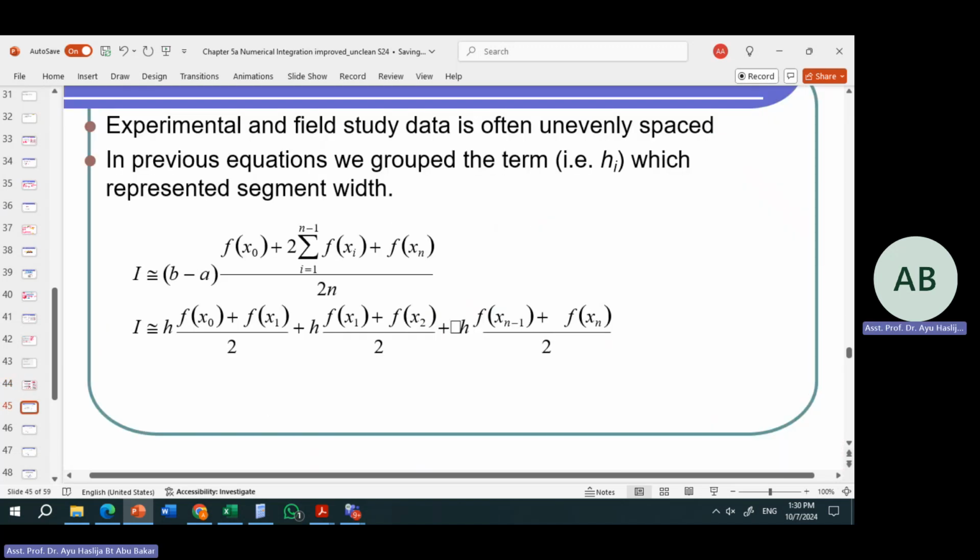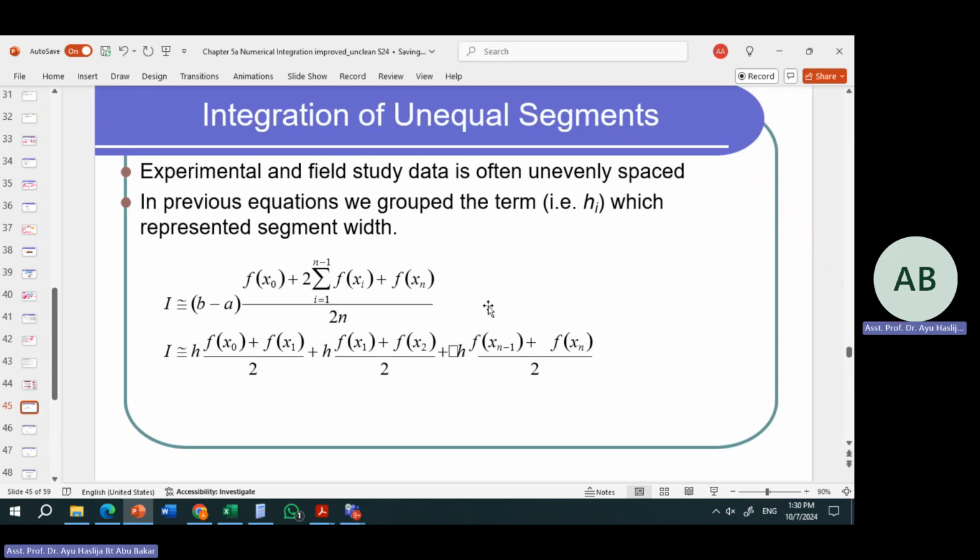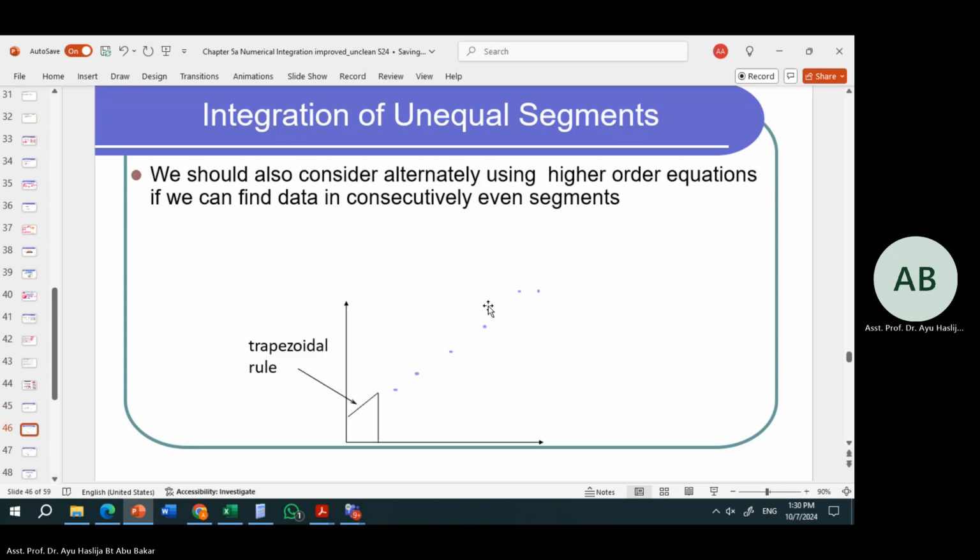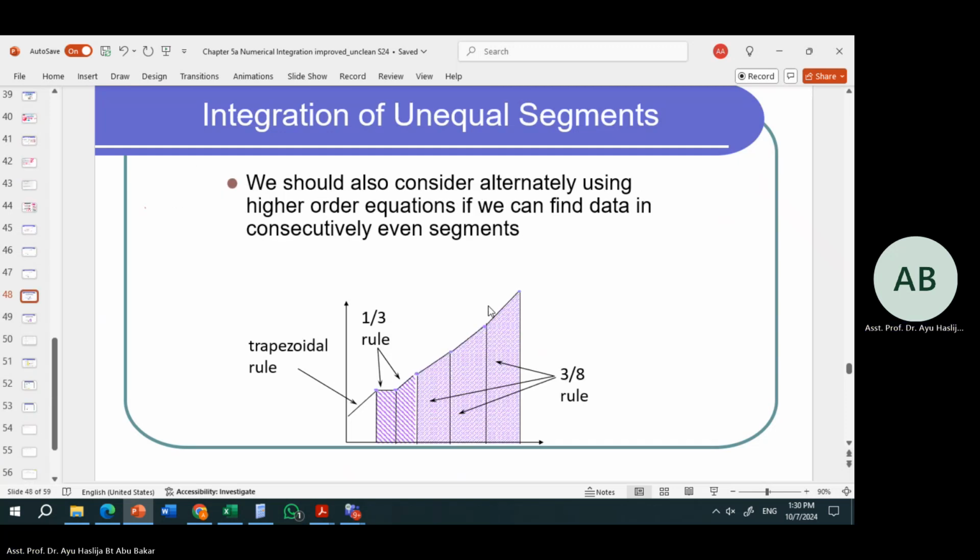Okay, so we move to unequal segment. Unequal means that we combine all integration rules. Let's say you have this curve. You can either use only trapezoid, no issue, or you can combine all rules to improve the accuracy.